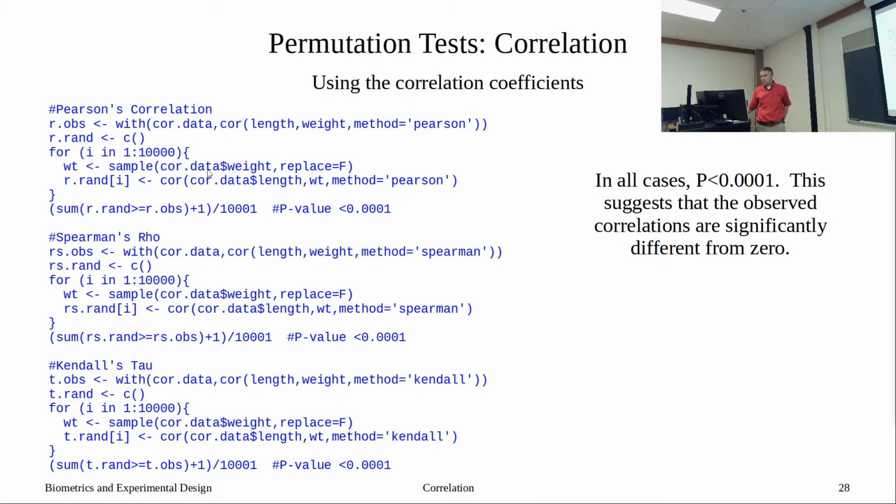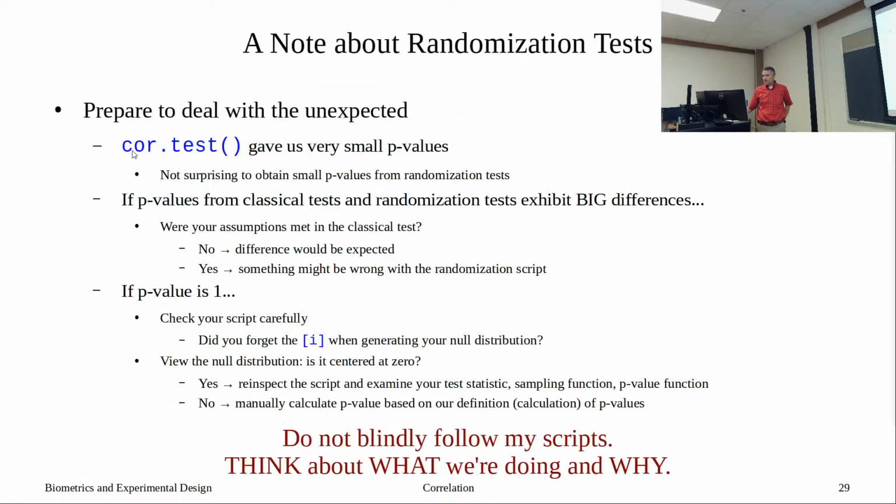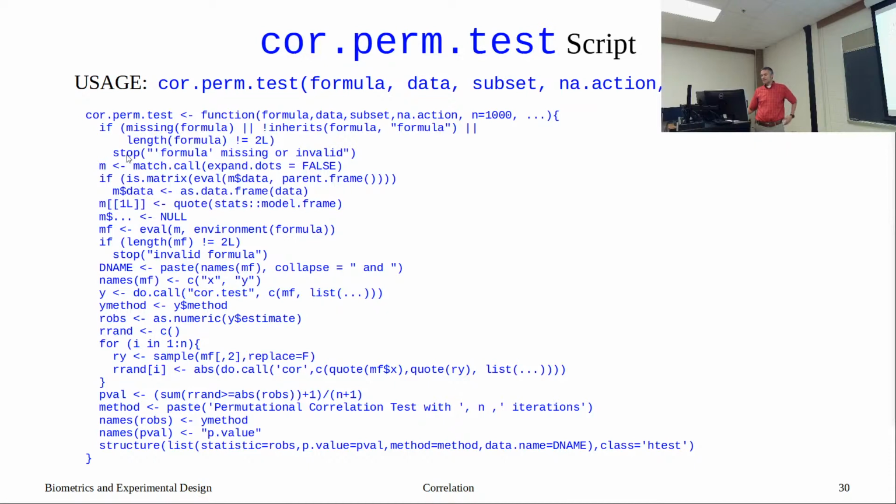We're running this loop where we sample one of the variables, and then we do our correlation and save it. This is just, if you want a quick way without having to load that function, this is the basis. This is what we did. But then I put together the script for you guys. I think it looks pretty cool.